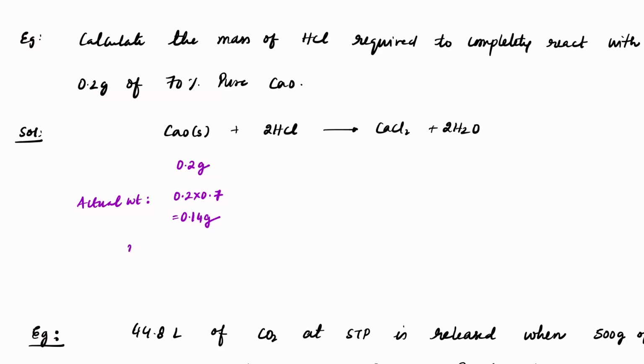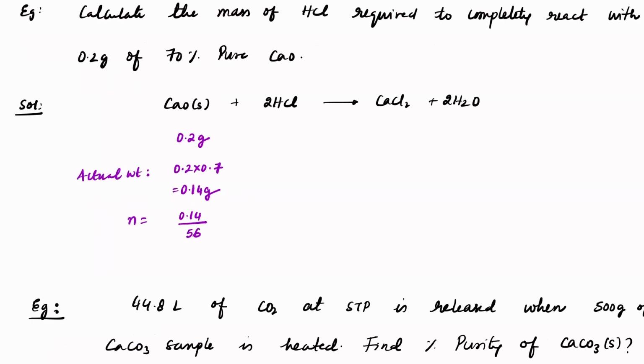And if I convert that into number of moles, that will be equal to 0.14 divided by 56, 56 being the molar mass. So you can see for 1 mole, 2 moles of HCl is required. So for this many moles, how much is required? Into 2. Sorry, this is number of moles.